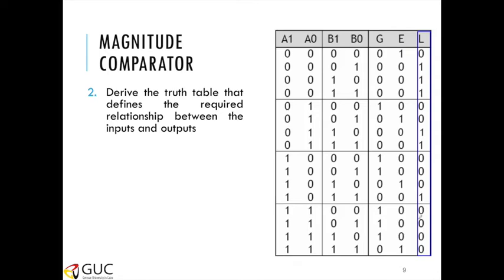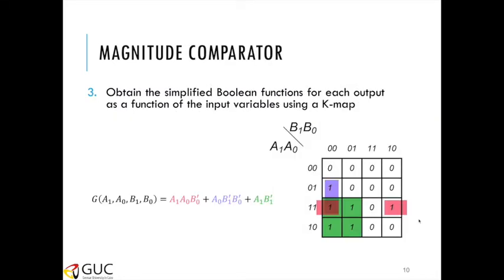The next step would be taking these 1s and starting to write down our K-maps. So for the first output, which is the greater than, we notice where the 1s are. We write them down in our K-map. Since we already know that we have 4 inputs, we know that the appropriate size is a 4x4 K-map.